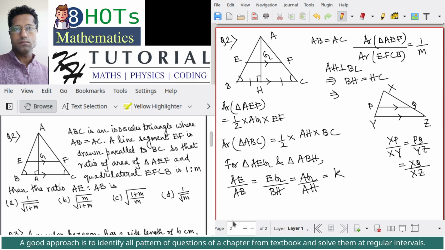So this implies AG is equal to k into AH. And what is EF?